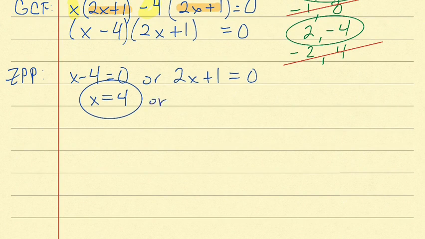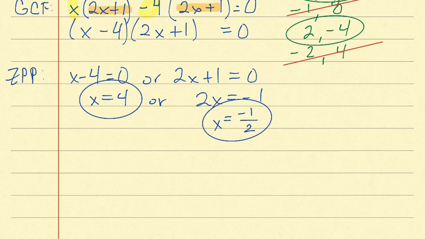Or, let's see, I'm going to subtract 1 from each side. I'm going to divide each side by 2. And here is my next candidate for solutions. I call them candidates because I'm not sure yet. We're going to decide real soon whether they actually are, because we're going to check those two numbers in the original equation.